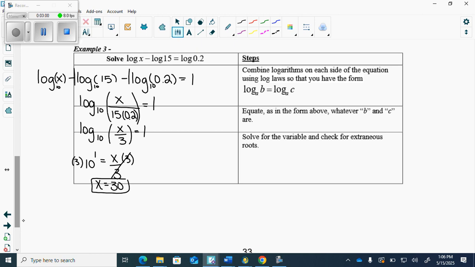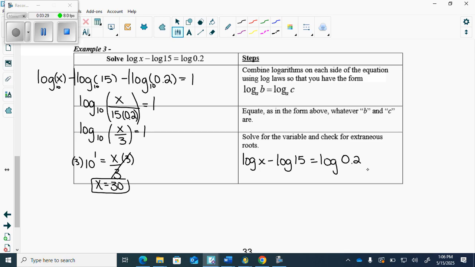Type 2 only works if you have all logs. So if I have log x minus log 15 equals log 0.2, if they're all logs, we can make a common log. Remember we did common base with exponentials, making them all base 2 or whatever, and then solved.